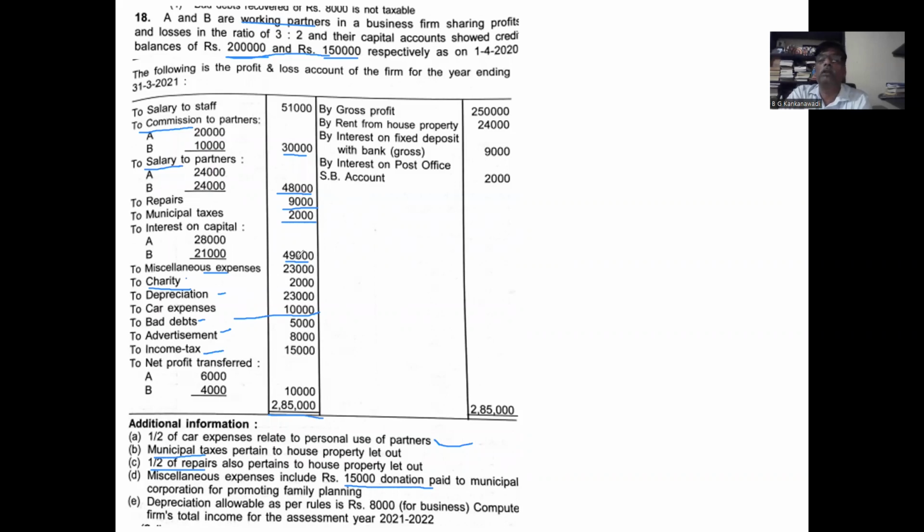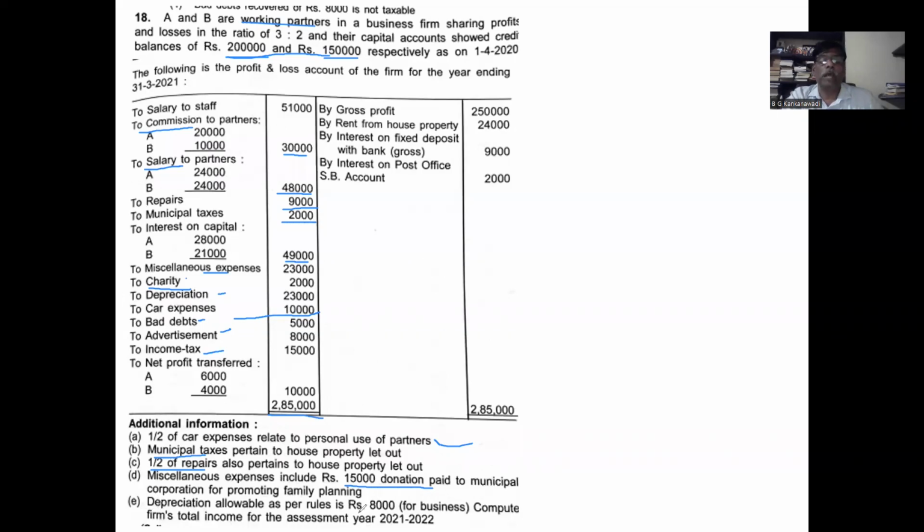Okay, out of 23,000, 15,000 is disallowed. And this 15,000 donation comes for deduction at the end. And this is for promoting family planning. It comes under the last category, and adjustment you have to see thereafter 100% qualify. Qualify amount is 100% deductible.